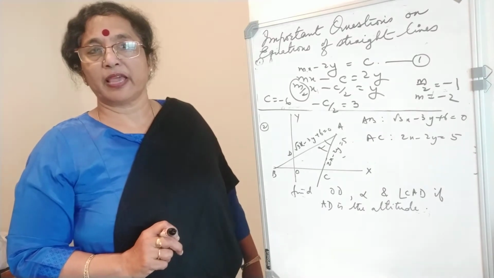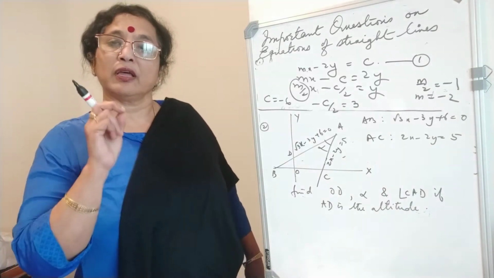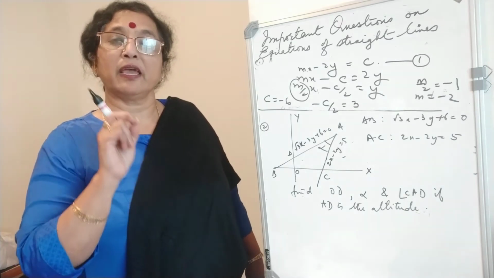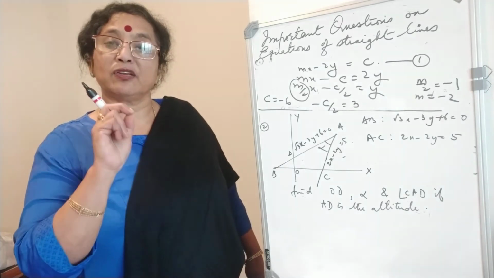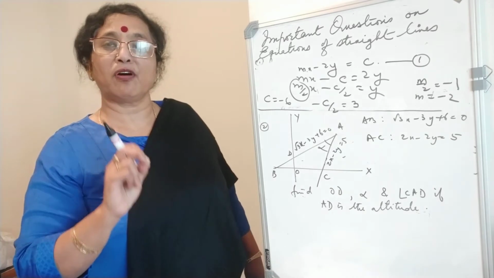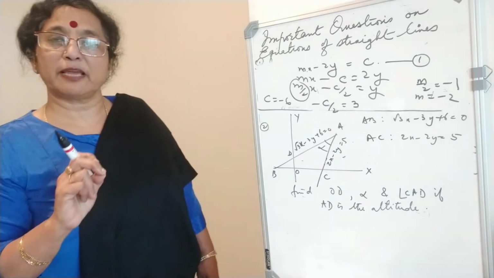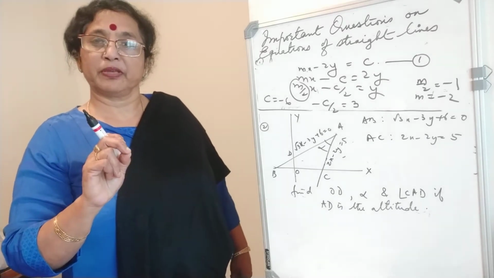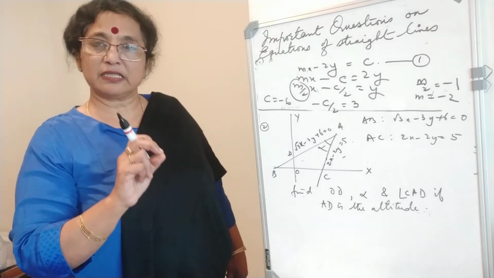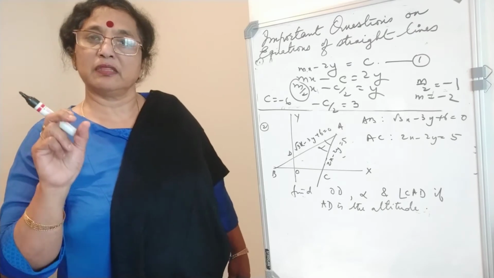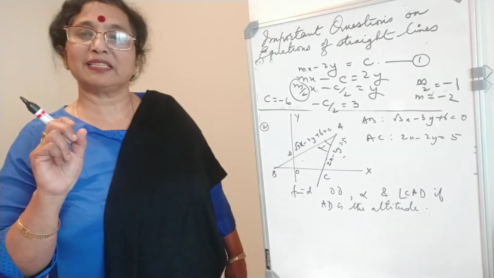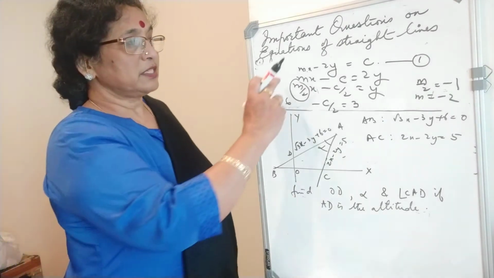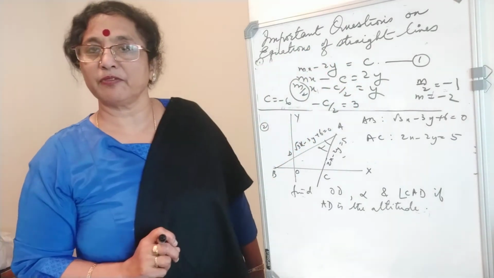So most of the children will give the answer as m is minus 1 and c is 3, which is incorrect, children. M and c stand for those coefficients or numbers only in the equation of a straight line in the form y equals mx plus c. Then only the coefficient of x is termed as m, because that is the slope, and the constant, the term independent of x, plus c or minus c, is the y-intercept. But this is not in y equals mx plus c form.